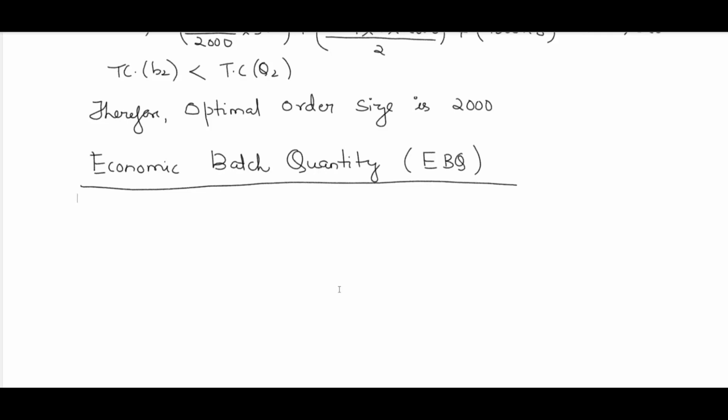That is your EOQ. But EBQ, let me write it down, is the abbreviated form of economic batch quantity.